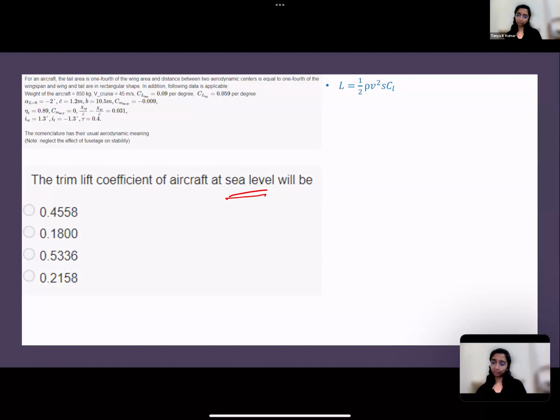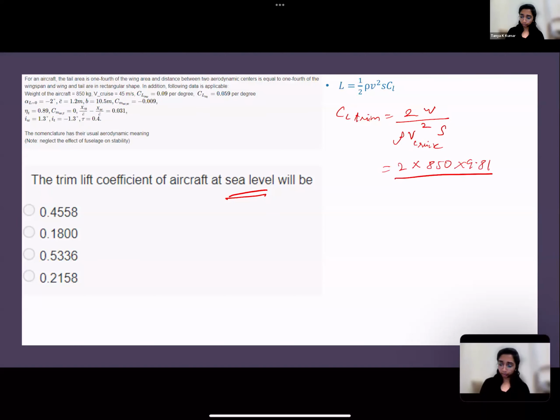Now it's simple, right? Very simple. Just plug in the values. So CL trim is 2W by rho V square S. V, they've given you V cruise. Plug it in. 2 into, what is the weight? 850 into 9.81. 1.225. V cruise is 45.